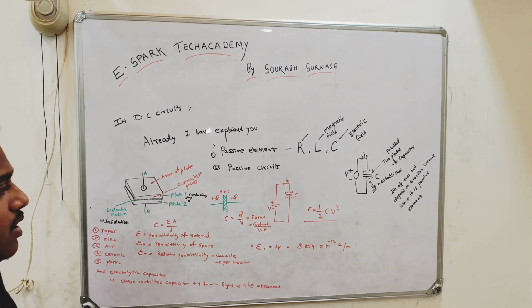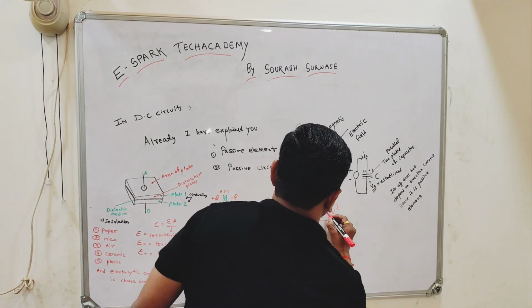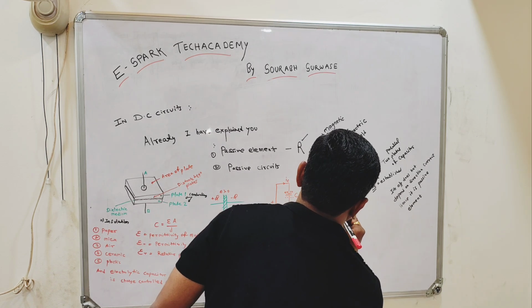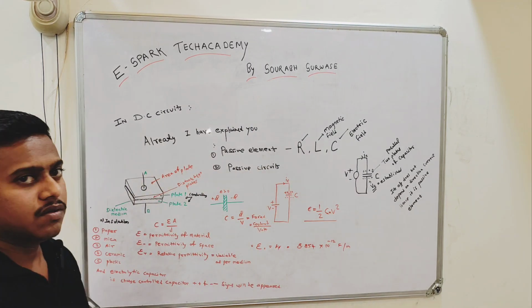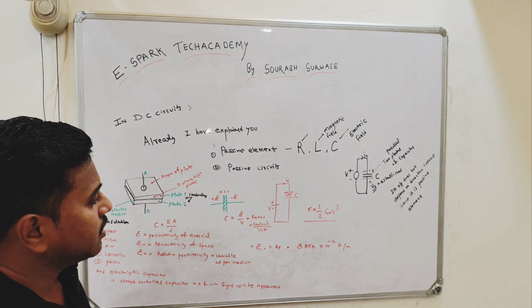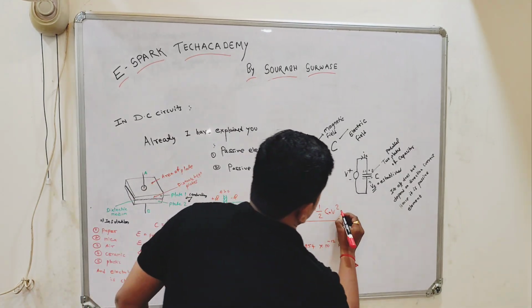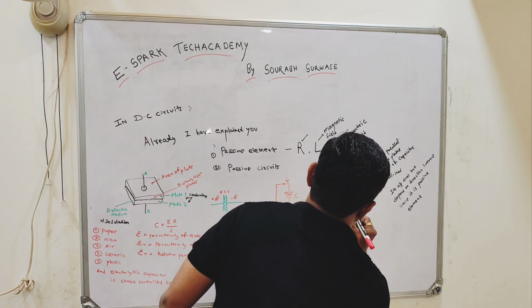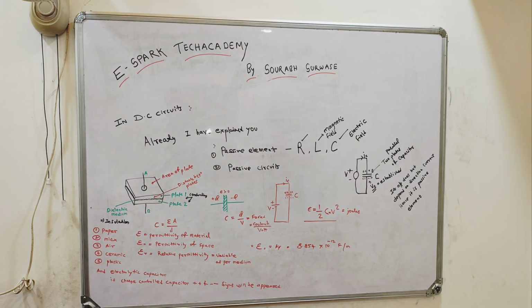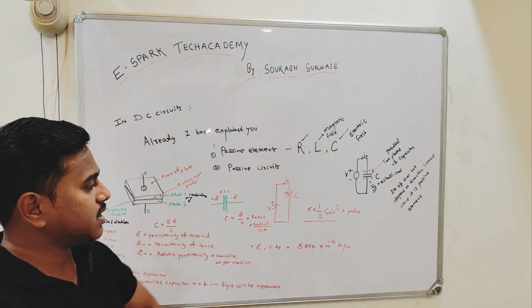C is the capacitance, V is the voltage which is applied, and this is the energy given in joules. Half CV square is the energy stored in this capacitor.